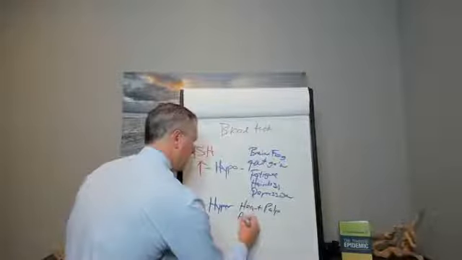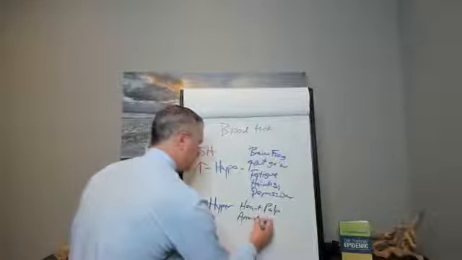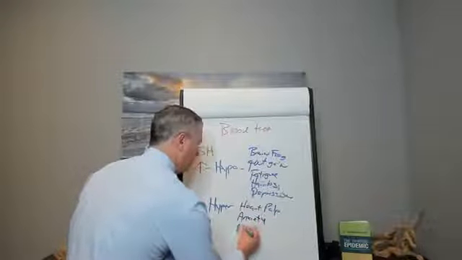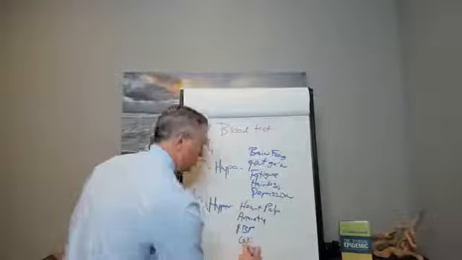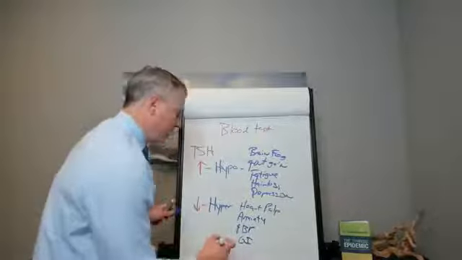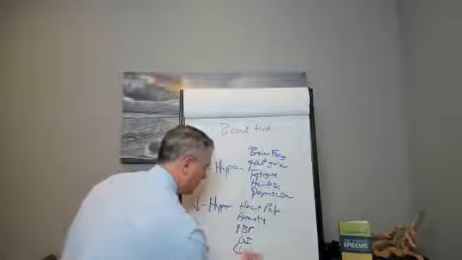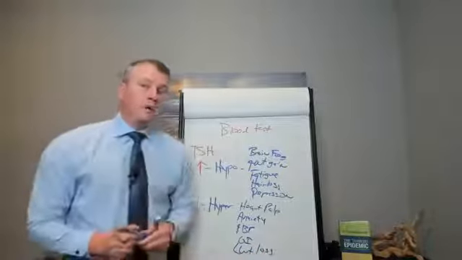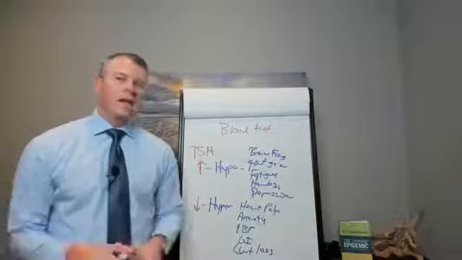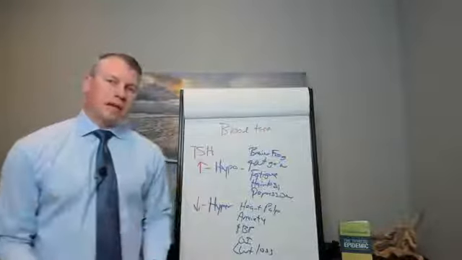We can see anxiety, and increased blood pressure can be a problem with that type of thing. We can see GI issues as well. We can see extreme weight loss. The person can't keep on weight and they look very frail and thin because the body's in a hyperreactive state.